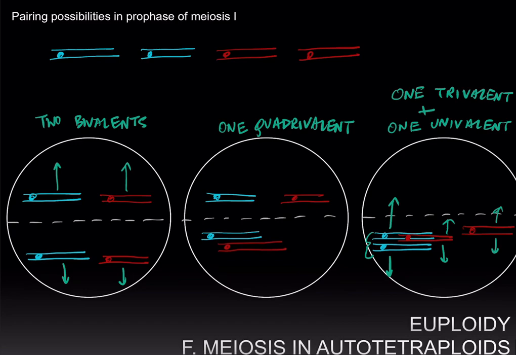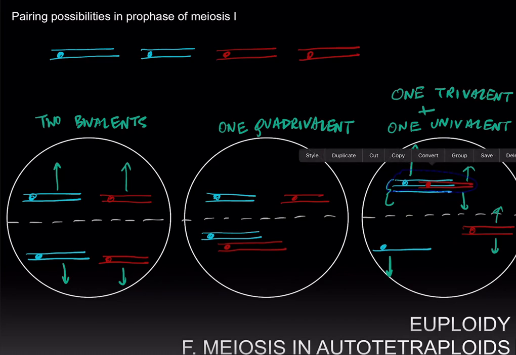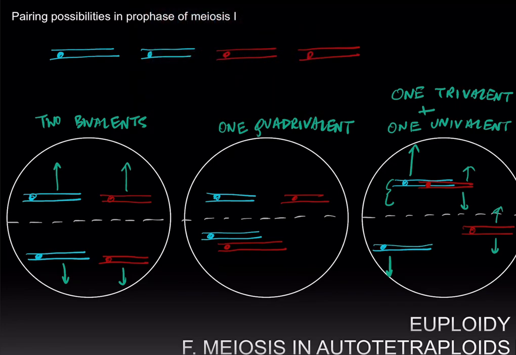This could result in 2 different situations. One is, of course, that we could have 2 chromosomes on either side, and that would lead to diploid gametes, euploid gametes.